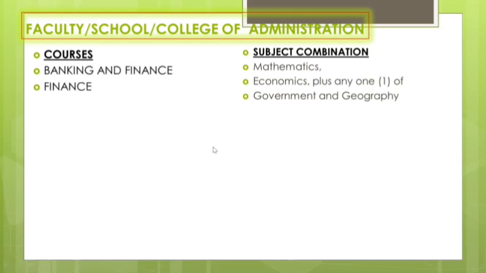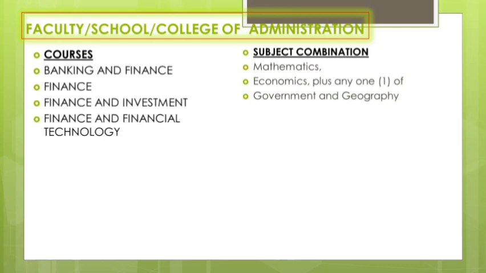For candidates applying for banking and finance, finance and investment, finance and financial technology, taxation, and security and investment, your JAMB subject combination include mathematics, economics, plus any one of government and geography.